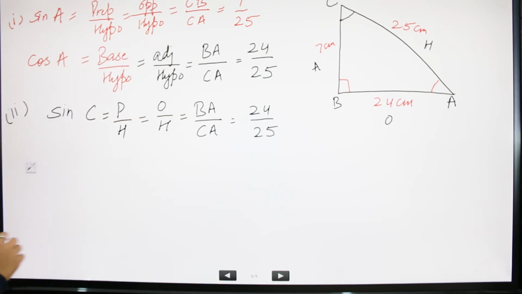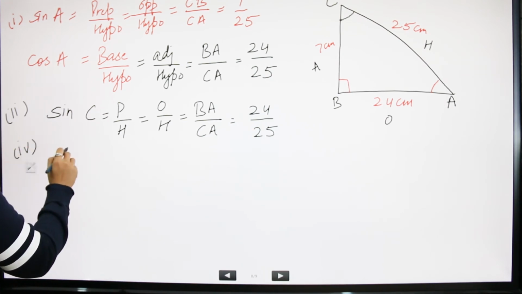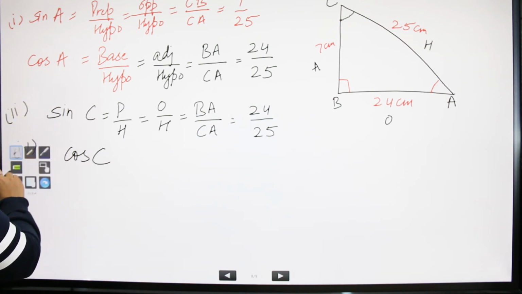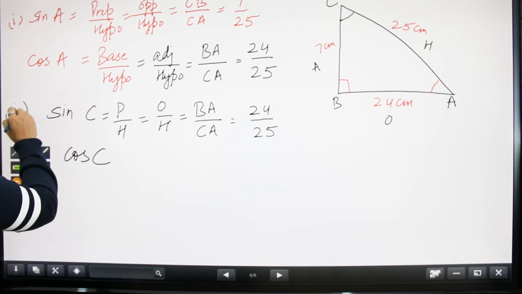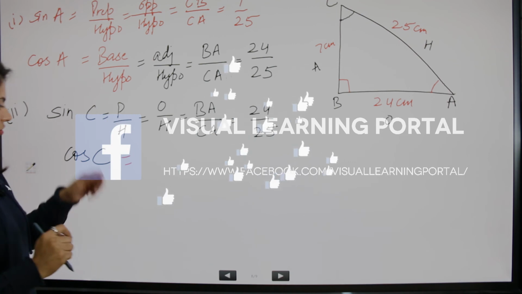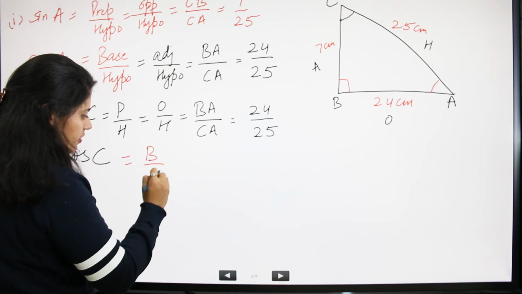Now it's time to find cos C, which is the last part. So this is the second part of that one. For cos C we have base divided by hypotenuse.